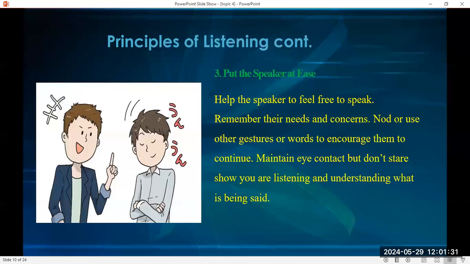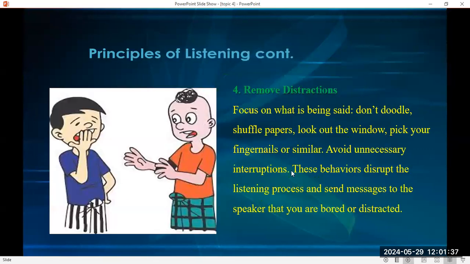Show that you are listening and understanding what the speaker is saying. Principle number 4 is remove distractions. If you have a phone that is on, and other people are calling you for business, switch it off. If somebody asks you, let's go for lunch, and you are paying attention to a speaker, don't listen to them.